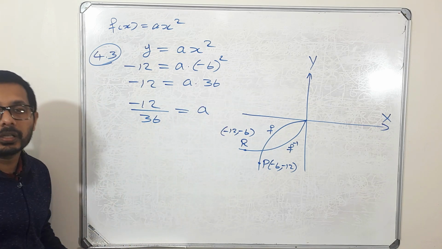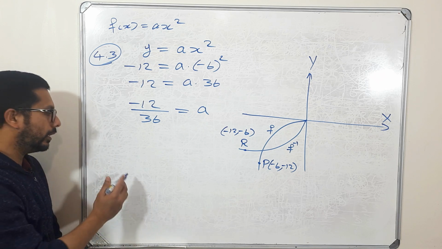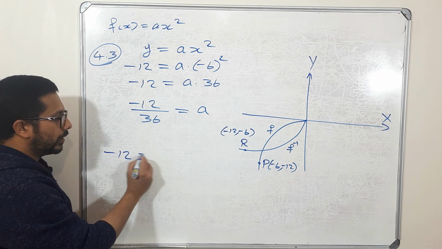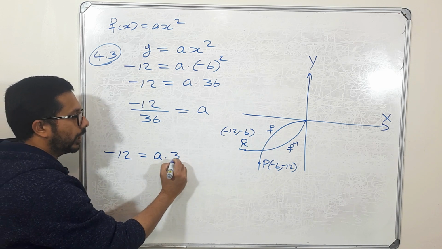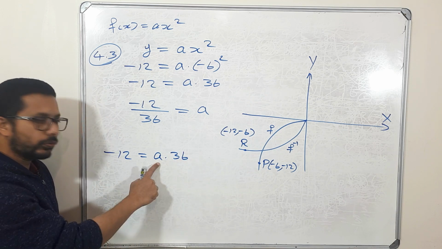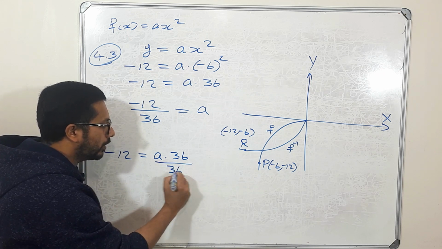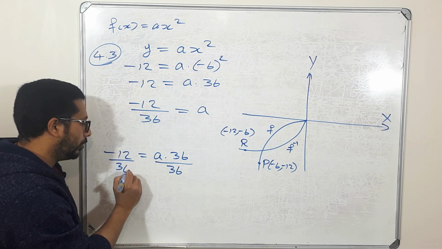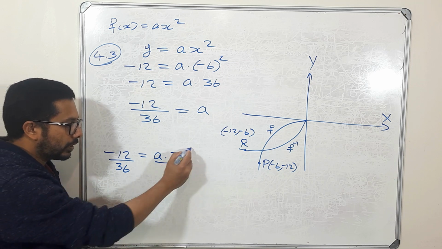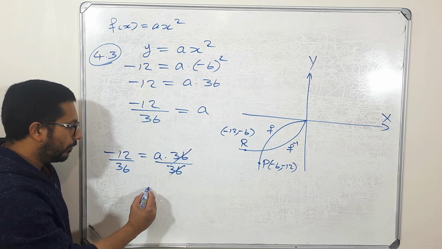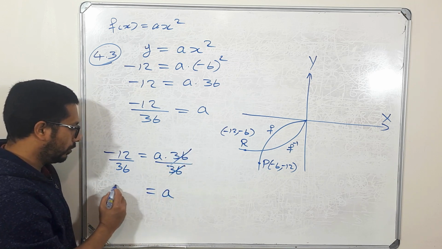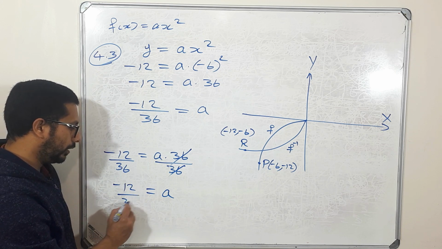Or maybe in your class you studied like this: -12 is equal to a into 36. Okay, we have to find the value of a. So divide both sides by 36. Maybe you studied like that. So this 36 cancels, and what is remaining? a is equal to -12 over 36.